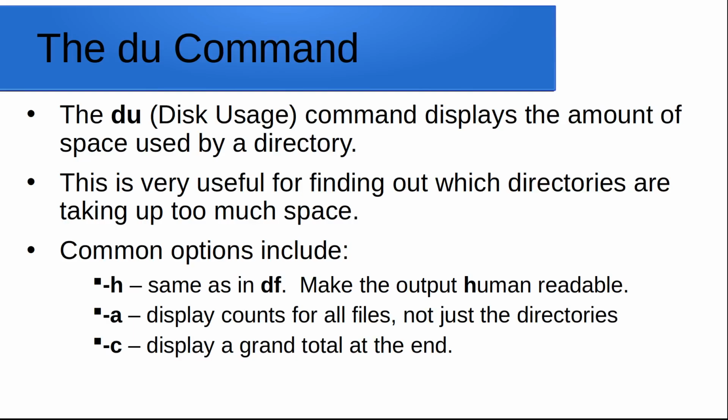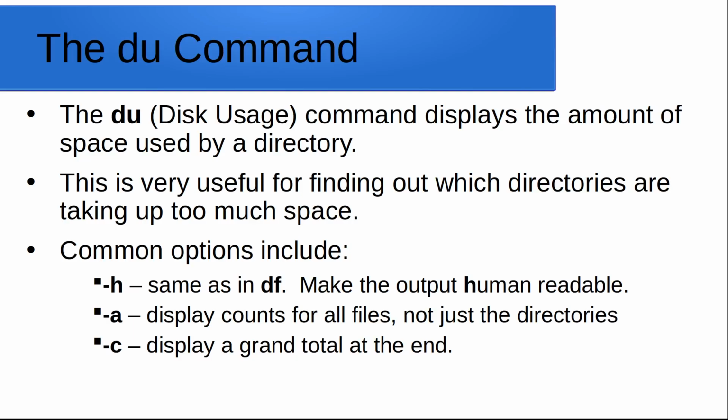Next up, we have the du command, disk usage. This displays the amount of space being used by a directory, so it can be really useful for finding out which directories are taking up too much space. Some common options include -h, which will show you exactly the same thing as it does in df, human readable output. -a displays a count for all the files, not just the directories.